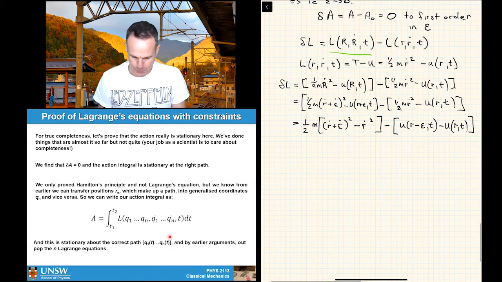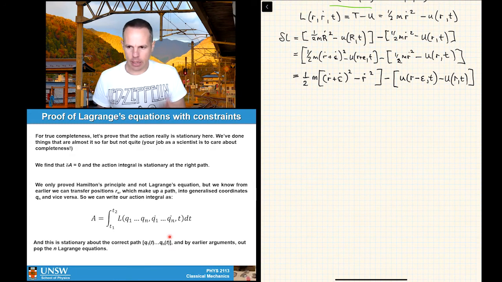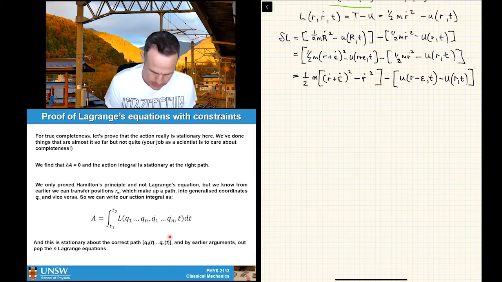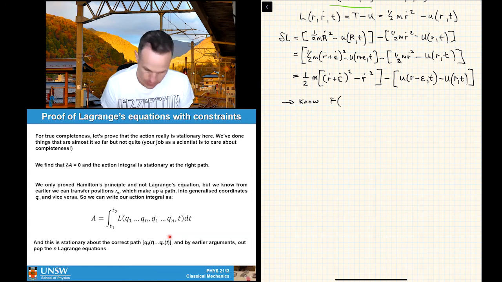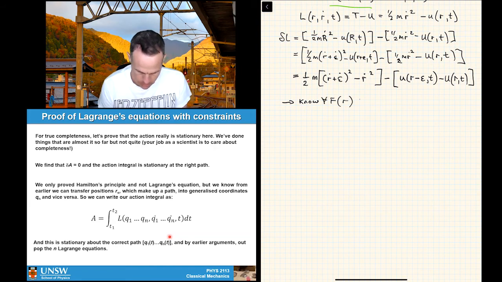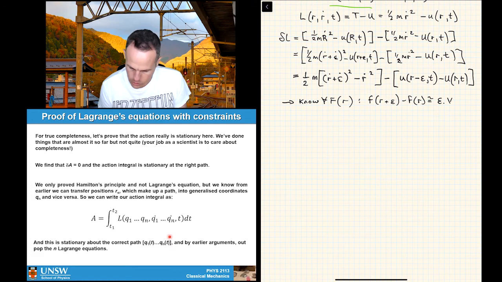At this point, we need to clean it up, and to do that we need to pull a relationship from maths. I'm not going to derive it because it would take half an hour, but you should basically know this one. For any scalar function f of r, f of r plus epsilon minus f of r is roughly equal to epsilon times grad of f.